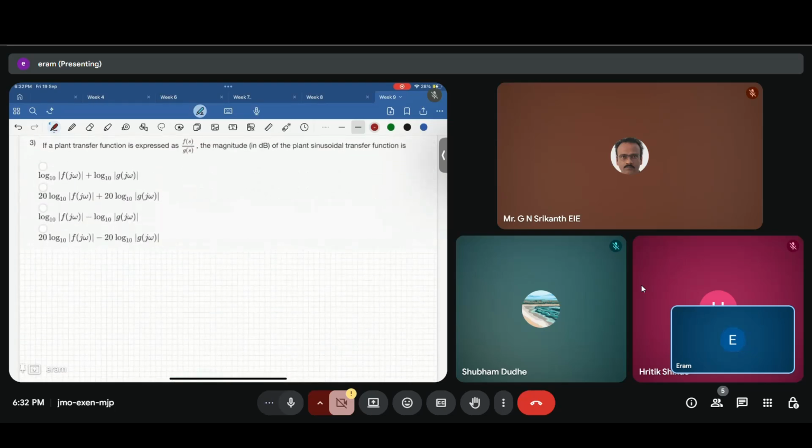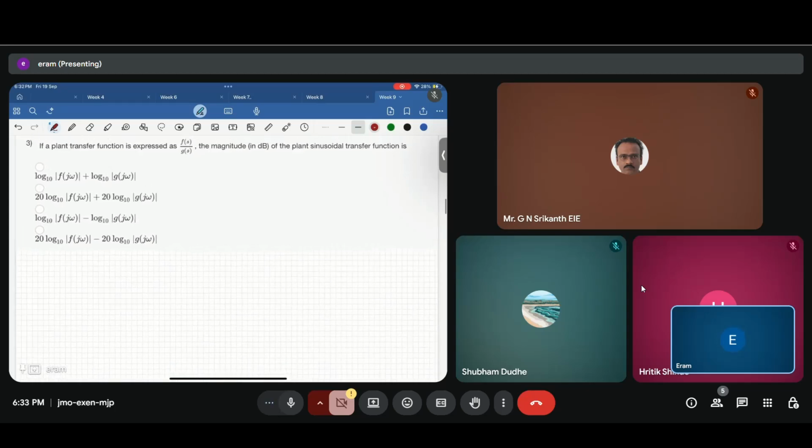So in the third question, if a plant transfer function is expressed as f of s divided by g of s, the magnitude in dB of the plant sinusoidal transfer function is? Very easy.